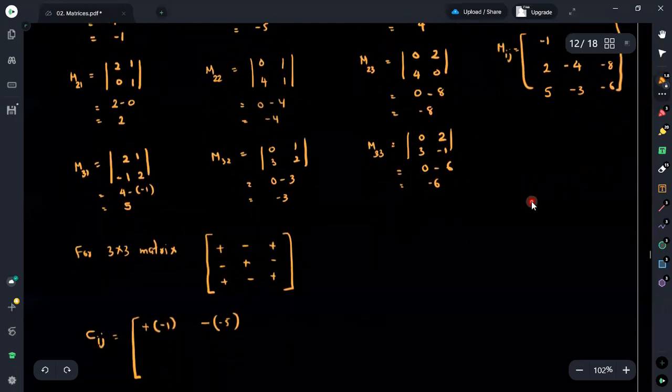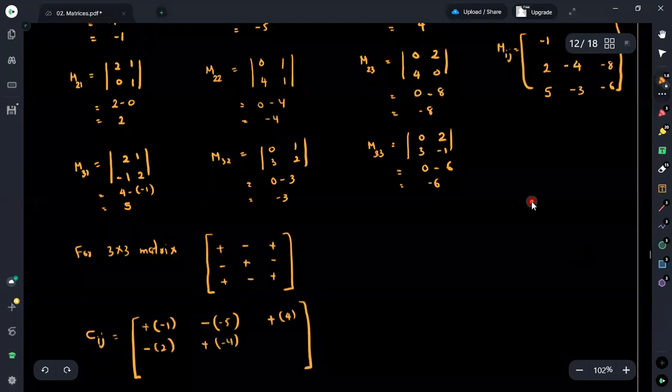Then it is plus times 4, minus times 2, plus times minus 4, minus times minus 8, plus times 5, minus times minus 3, plus times minus 4.